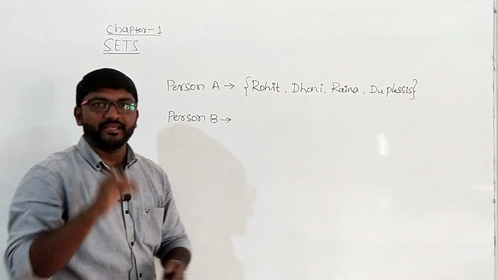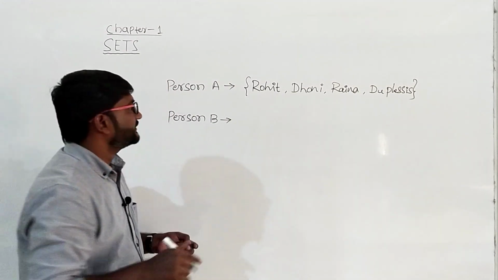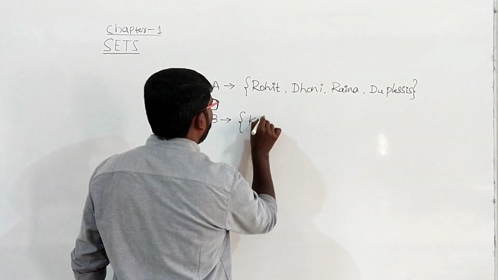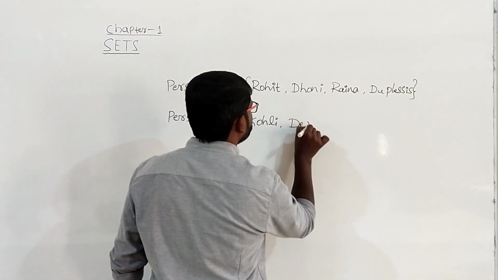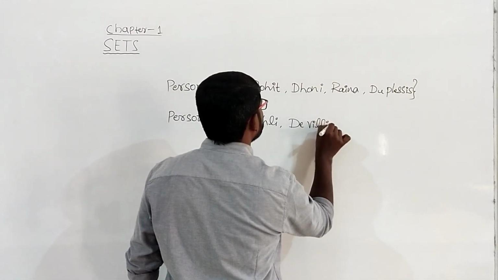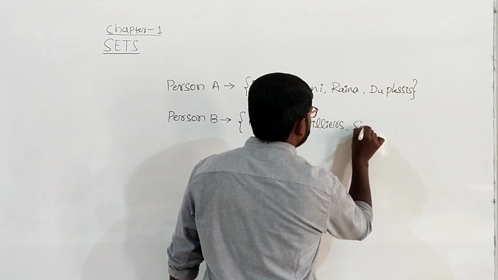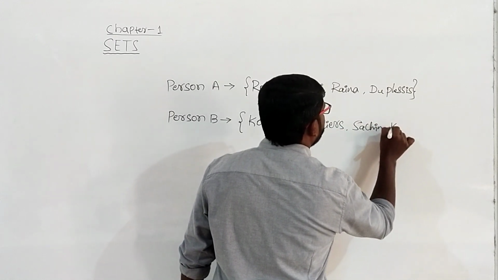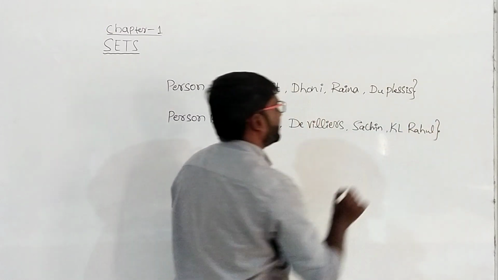According to person B, the top 4 batsmen are Kohli, De Villiers, Sachin, and KL Rahul.